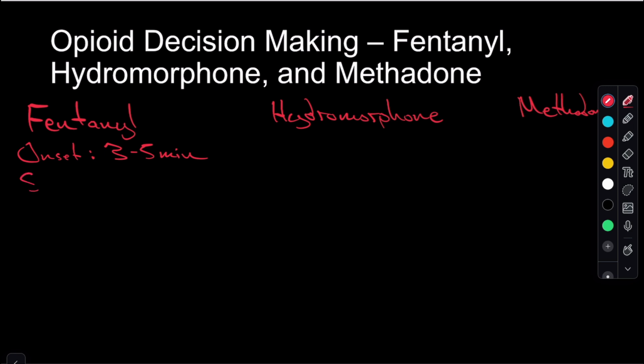It has a short duration of action when used as a bolus. The caveat is if you're ever infusing fentanyl, it has a very variable context-sensitive half-time, which makes it last much longer if you're using it as an infusion.